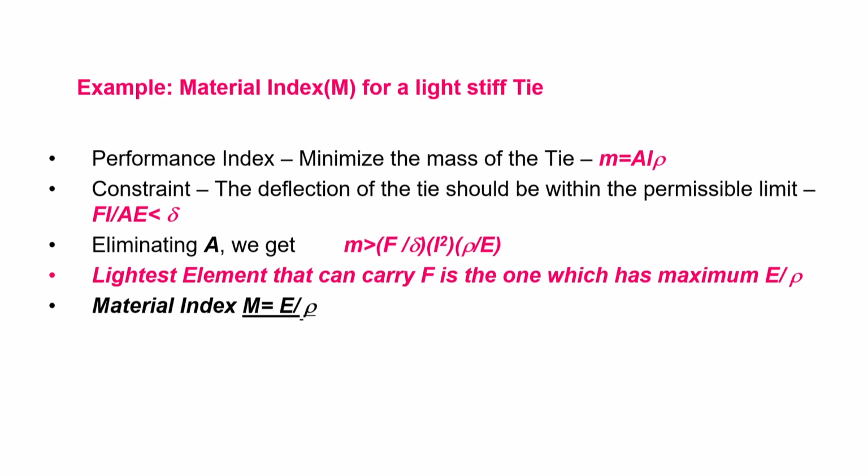I will first give you a very simple example. The example is for a light stiff tie. What is a light stiff tie? Well, what is a tie? A tie is not the same tie that we put in a knot. Okay? In the terms of a structural engineer, a tie member is something which is always designed to carry tensile load.